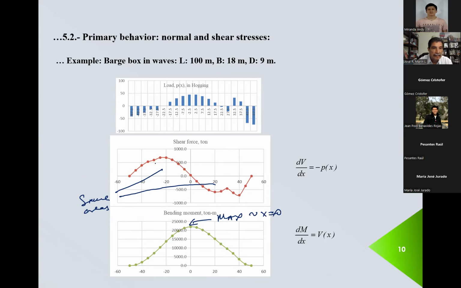But here, it's typical. You start at 0 and you have to change sign, because when you integrate, this area has to be equal to that. That means that in between, at about L/4, usually you have a large value for shear force.